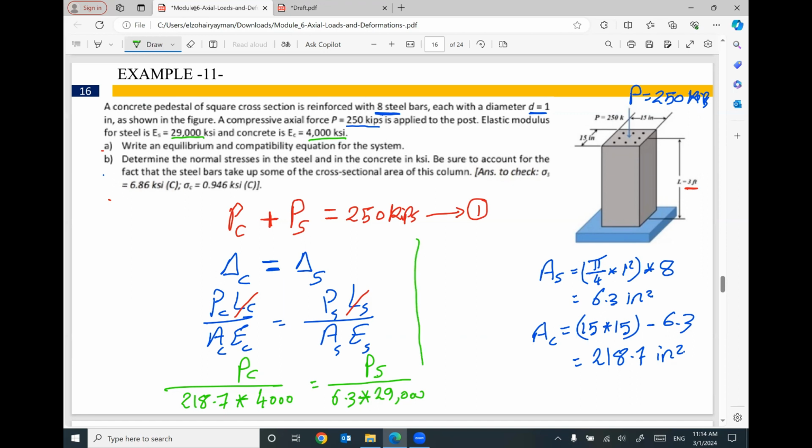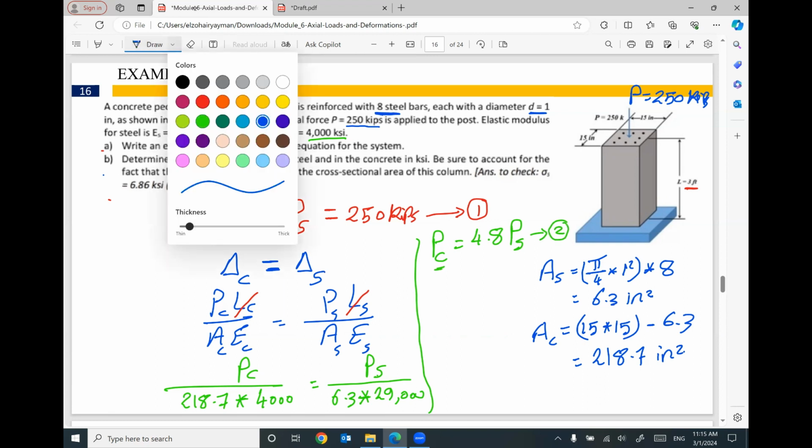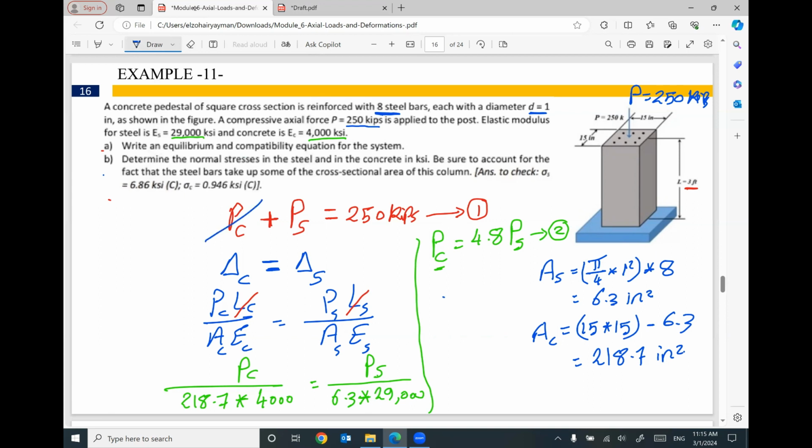So I can rearrange this equation to say PC will equal 4.8 PS. And this is equation number 2. So I can remove PC from the first equation and put PC equal to 4.8 PS.